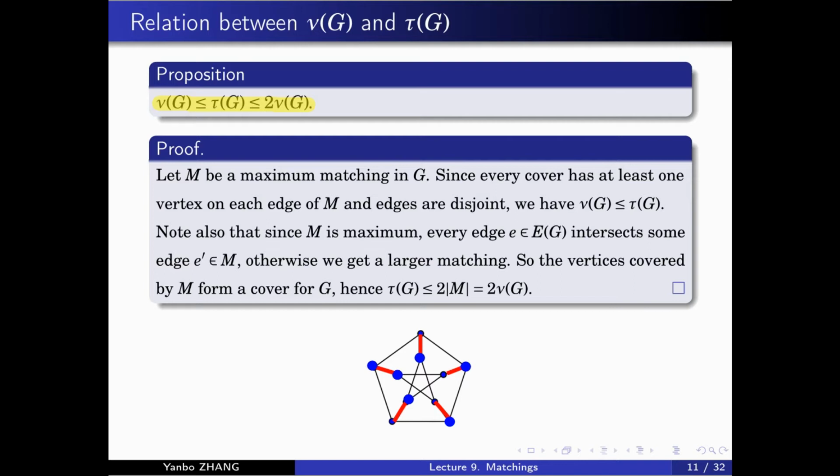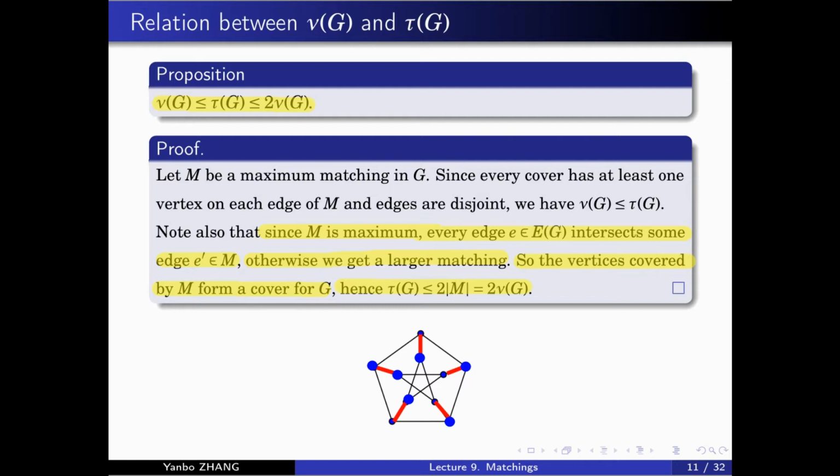Note also that since M is maximum, every edge e of G intersects some edge e' of M. Otherwise, we can get a larger matching. So the vertices covered by M form a cover for G. Hence, tau(G) is less than or equal to 2 times the size of M, which equals 2 times nu(G).